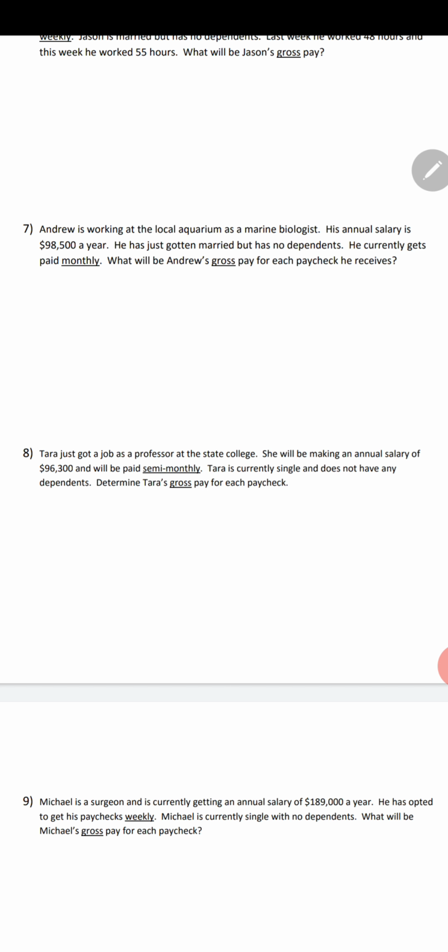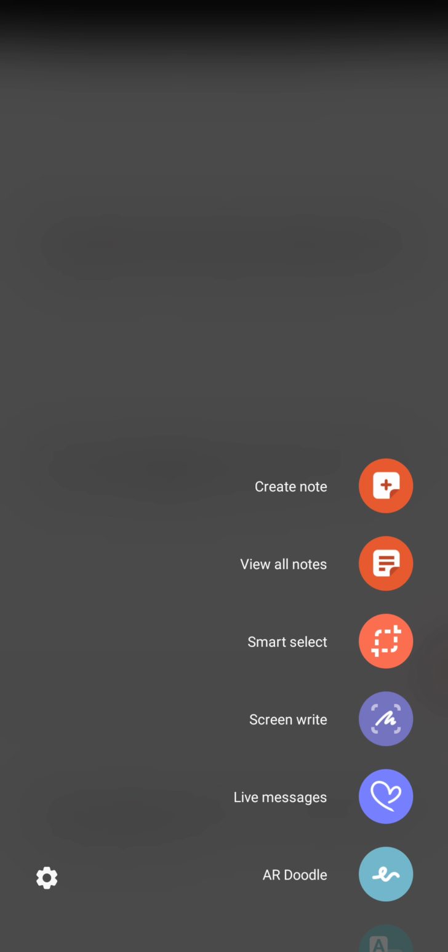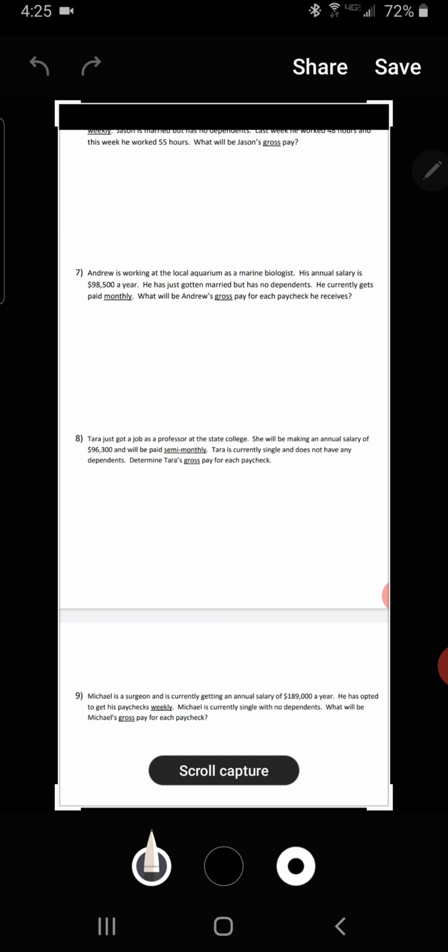Tara just got a job as a professor at the state college. She'll be making an annual salary of $96,300 and will be paid semi-monthly. Once again, you've got to remember semi-monthly means being paid twice a month. Tara is currently single and does not have any dependents. Determine Tara's gross pay for each paycheck. It's pretty easy to figure this out as long as you know what semi-monthly is.